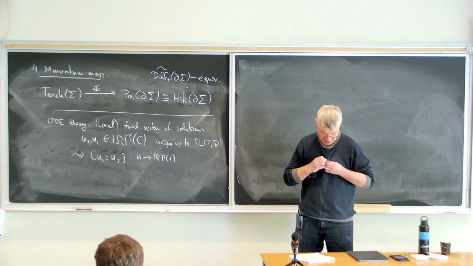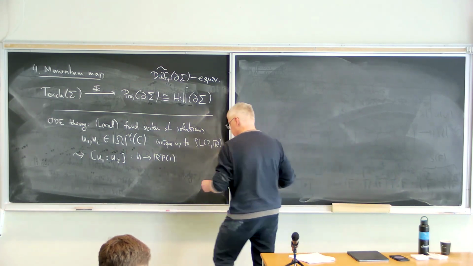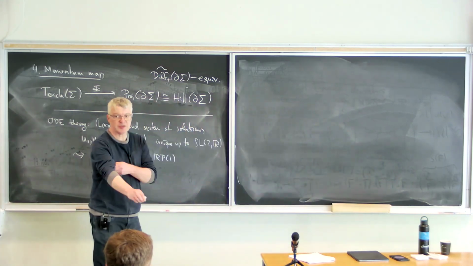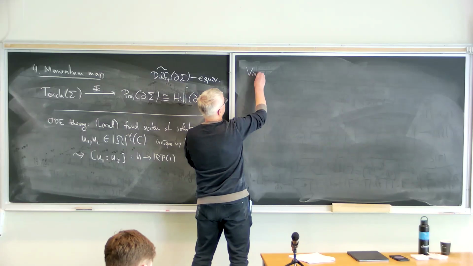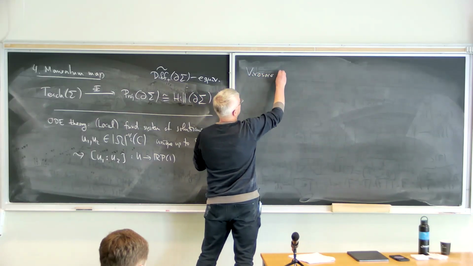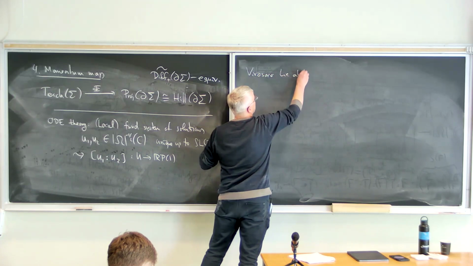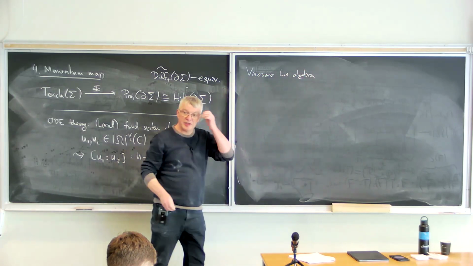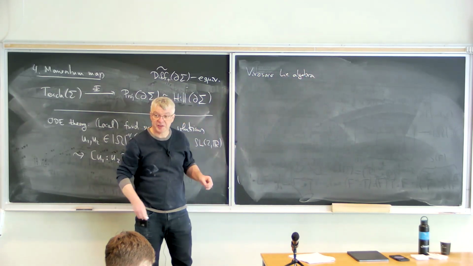Okay, so I was going to explain what this has to do with Virasoro. Okay, so the Virasoro Lie algebra. As you probably know, it's a central extension of the Lie algebra of vector fields.